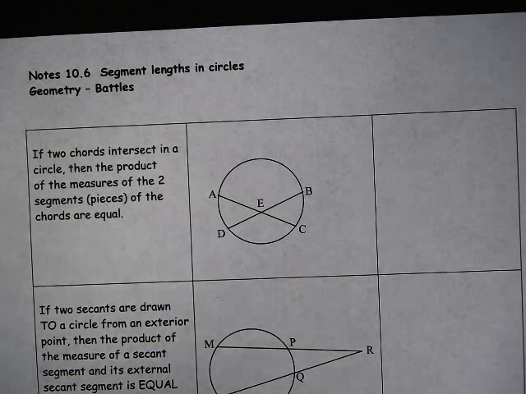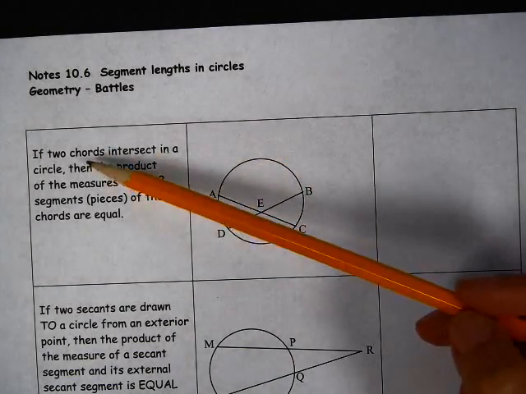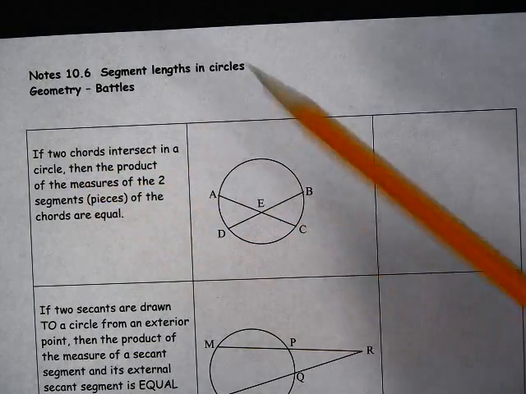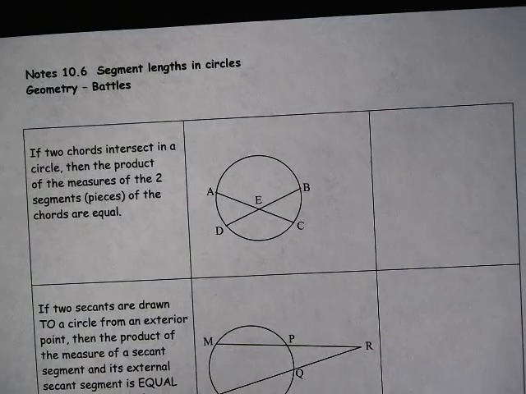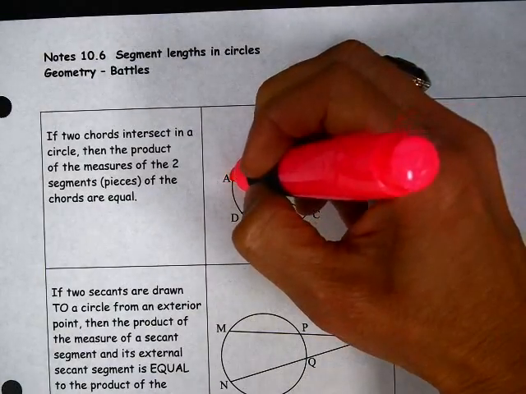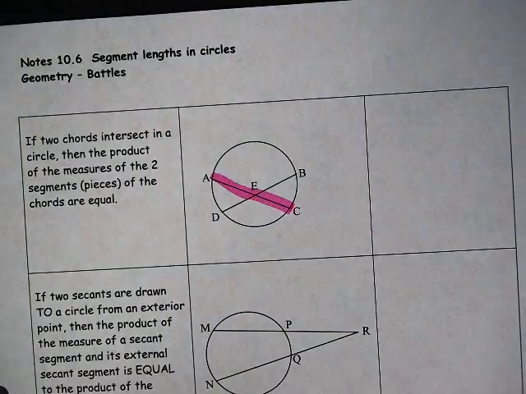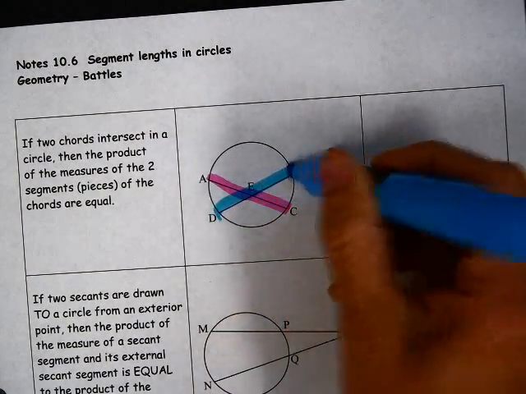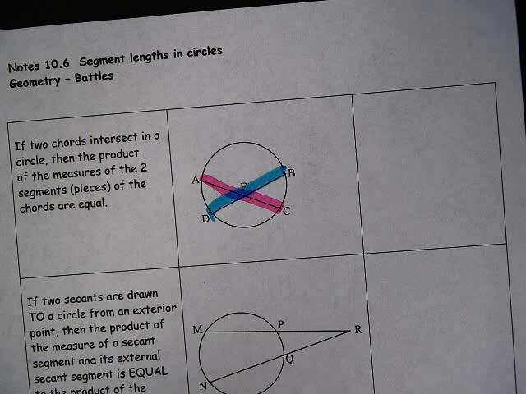So there's three theorems. The first one: if two chords intersect in a circle. Here we have the first chord, and here we have the second chord. Then the product of the measures of the two segments of the chords are equal.